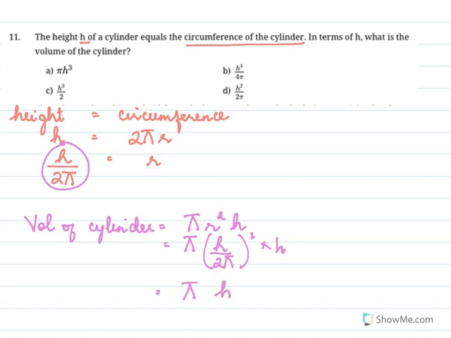So we have pi h square over 4 pi square into h. So this cancels out, and you have h cube over 4 pi.